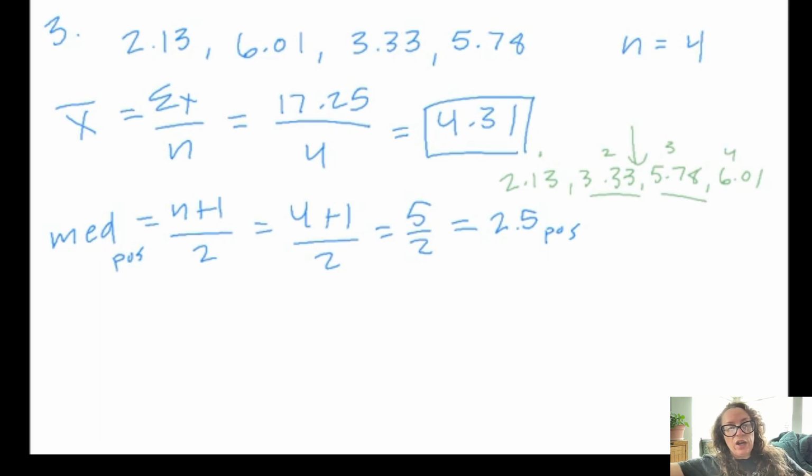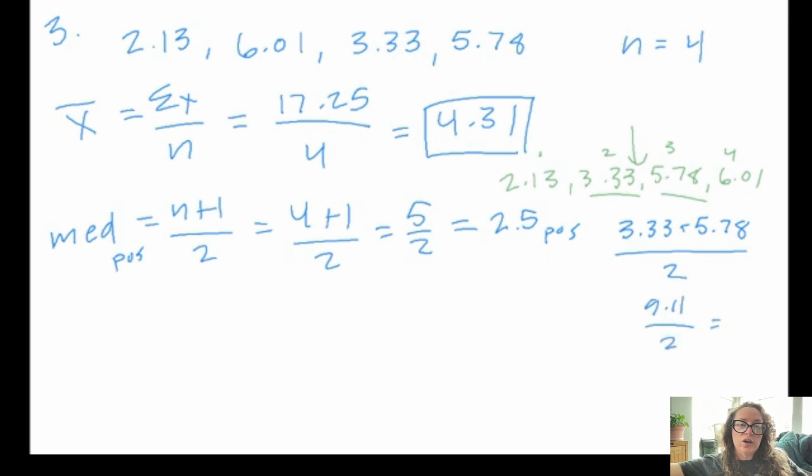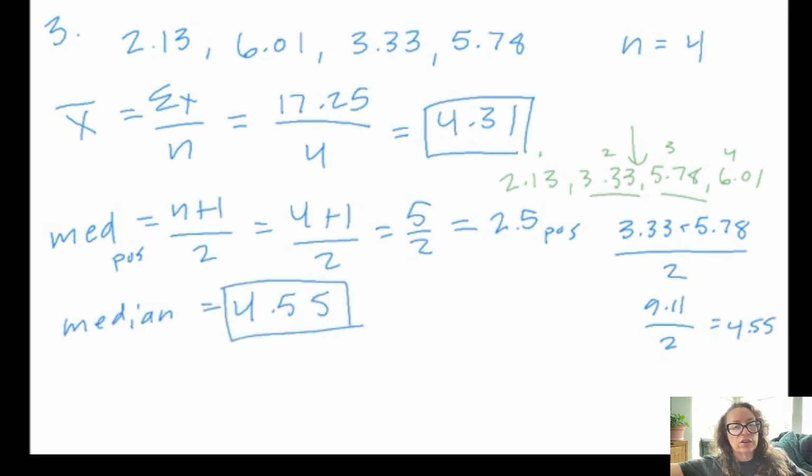So what do we do? We average them to find position 2.5. Taking these over 2, we get 9.11 over 2, which gives us a median of 4.55. So our median is not position 2.5. Our median is the number 4.55 seconds.